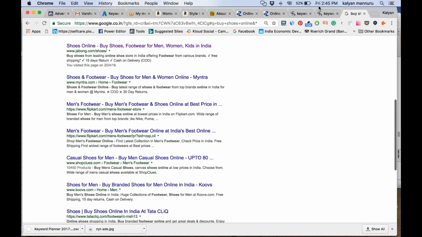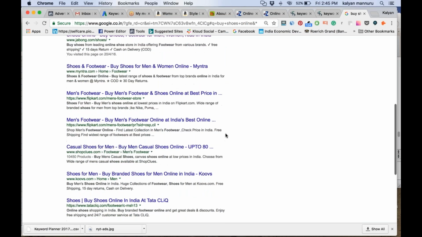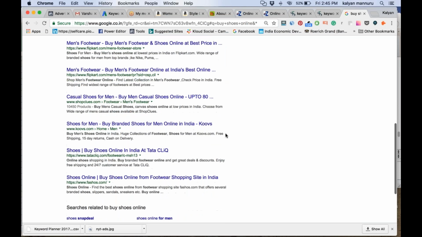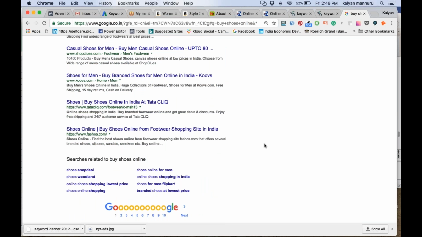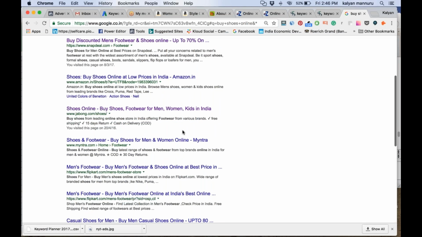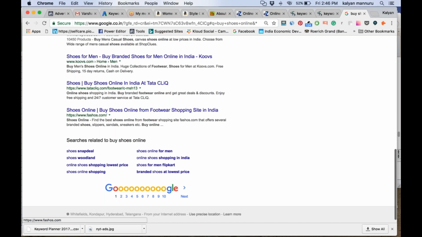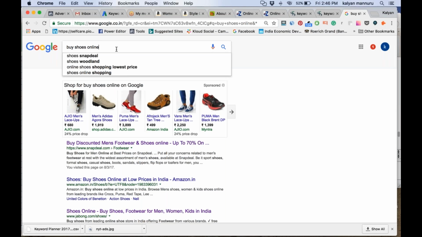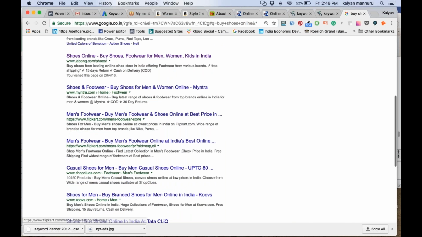So if a website is on 12th position, which page is it on? 12th position means it is on the second page, because each page only contains 10 listings. If the website is on 25th position, then it is on the third page of Google.